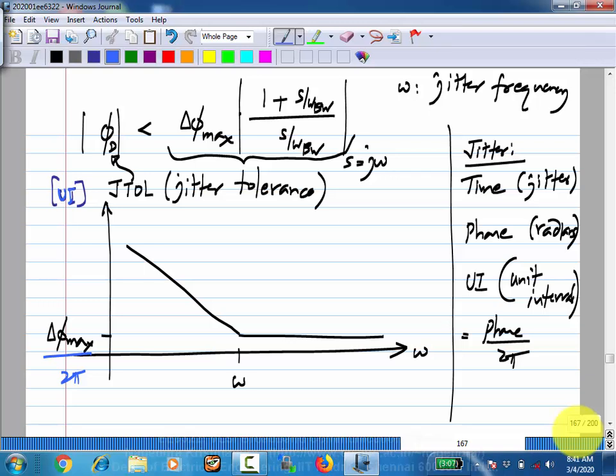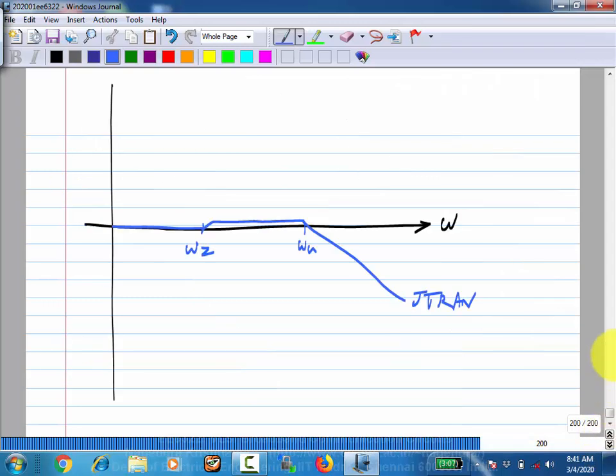So now you do this for the case without the forwarded clock. All you have to do is apply that condition, that's all. That phi d minus phi ck should be less than some value phi p, which will be some fraction of 2 pi.